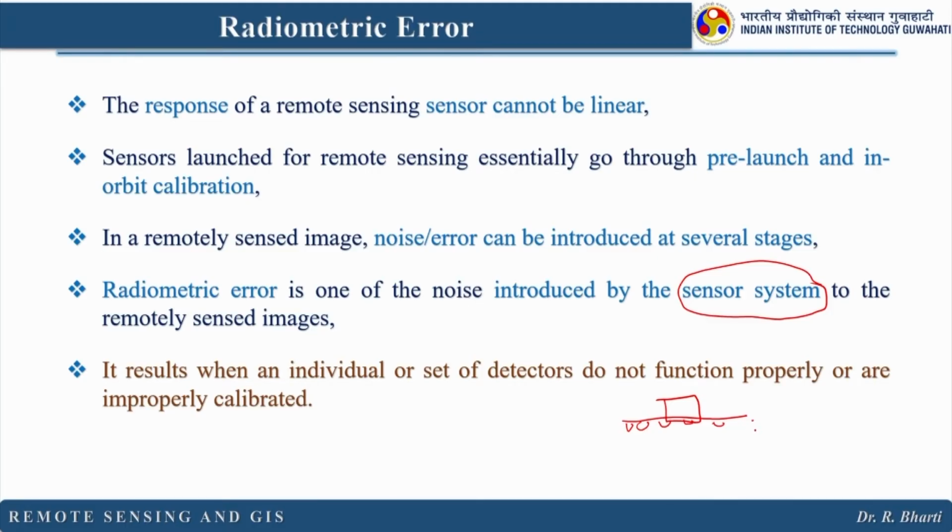Let us say 500 detectors are there in one sensor, and one out of 500 goes out of calibration or stops recording, then what will happen? Your image will have those error pixels, right. Basically one detector is measuring one pixel.